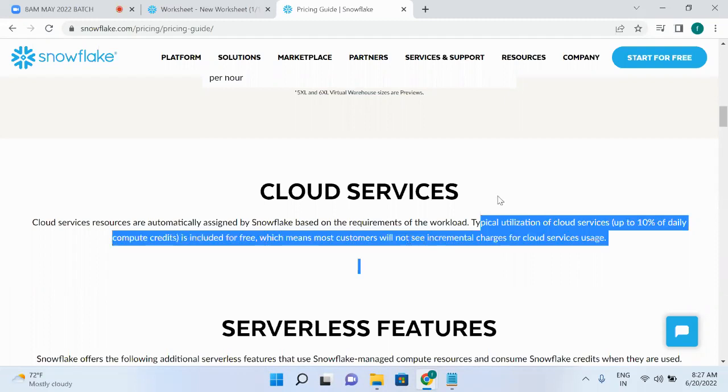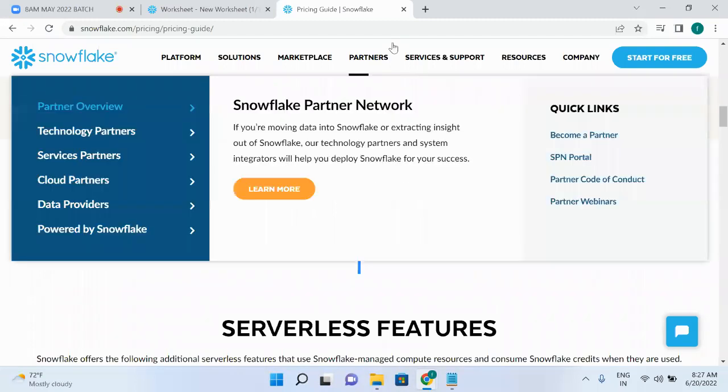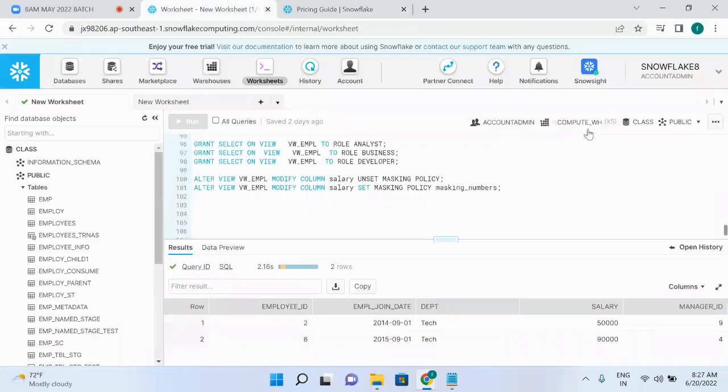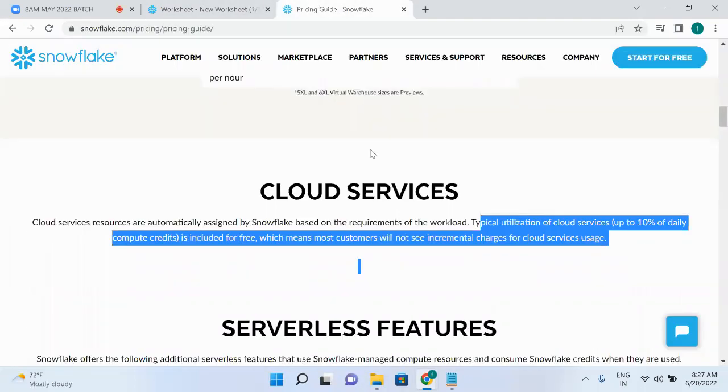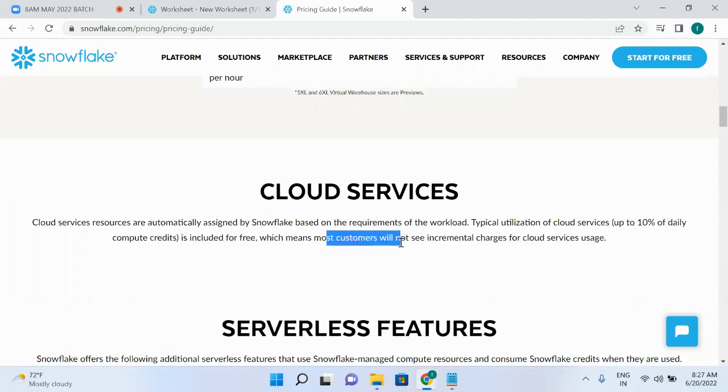Computation credit means how much time we are utilizing our computation resources. On this particular price, 10% will be included free. It means most customers will not see any charges for cloud services utilization. It will come under the free services.